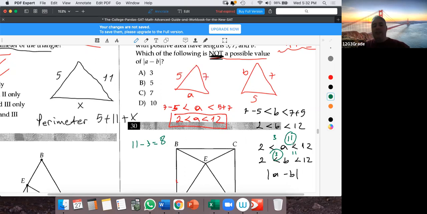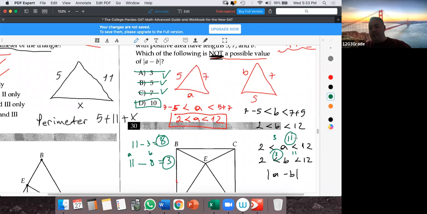If I choose A is 11 and B is 8, what will 11 minus 8 be? It is 3. So between 3 and 8, it could easily be 3, 5, 7. These are correct. I may choose any A and any B which satisfy this case. This is simple. What about 10? Could it be or not?